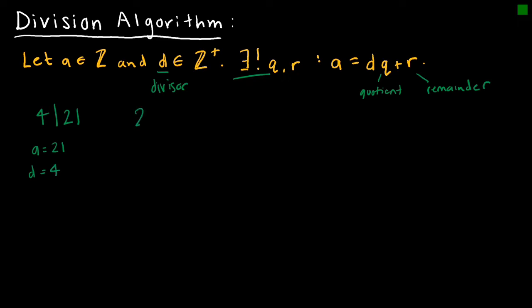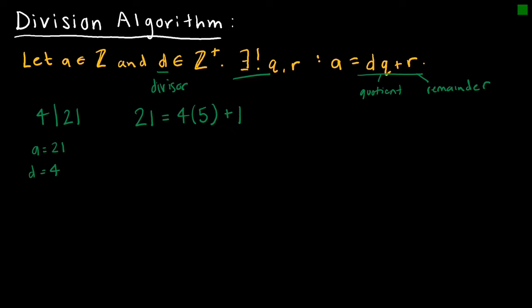So we're saying, how could we write 21 in this format? So we're saying 4 times what number plus R? So obviously if we took 4 into 21, it goes in 5 times evenly. So I would write 4 times 5, and then I would add 1, because if I divided 21 divided by 4, I would have a remainder of 1.